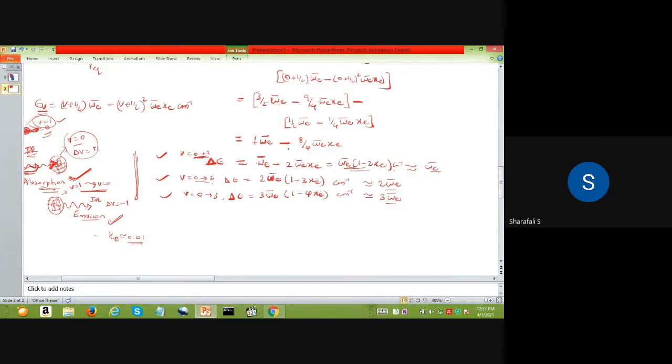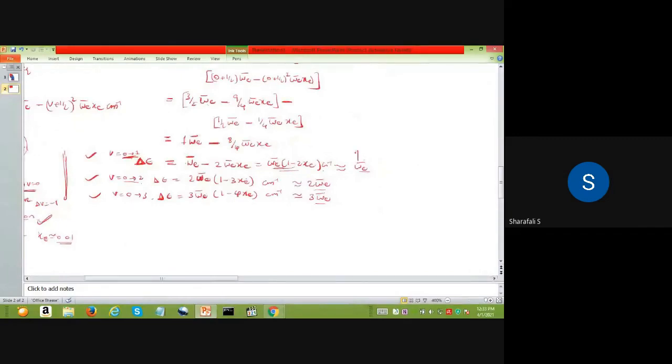And if you consider the other frequencies like 2 omega E bar, 3 omega E bar, they are called the first overtone or the second overtone, like that. Okay, so this is your omega E bar. Here, omega E bar is your fundamental frequency, or this particular frequency associated with fundamental absorption.